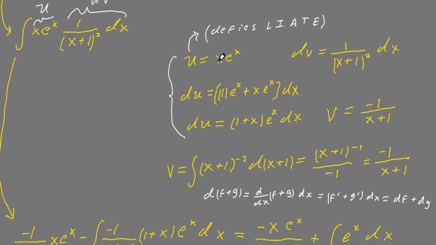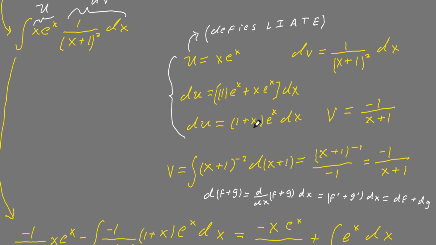So the derivative of x with respect to x would be 1 times e to the x plus x times the derivative of e to the x, which is just e to the x, and all that will be times dx. Then you can factor out the e to the x, so you'll have (1 plus x) times e to the x dx.